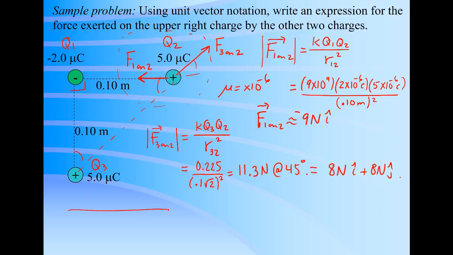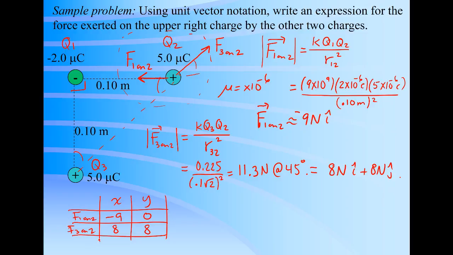Now at this point, what you may want to do when solving a homework problem is to set up your x and y directions, and this would be F1 on 2 and F3 on 2. The x component of this would be negative 9 and 0, and the y component would be positive 8 and positive 8.